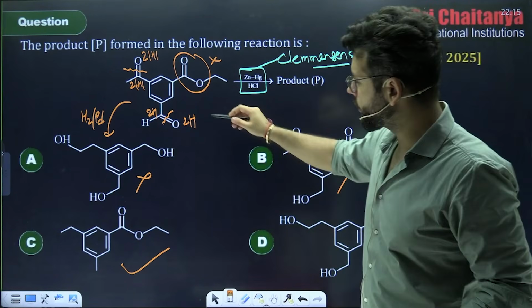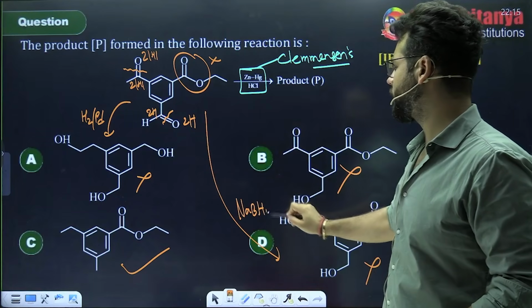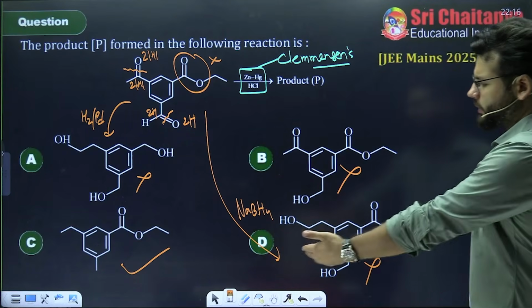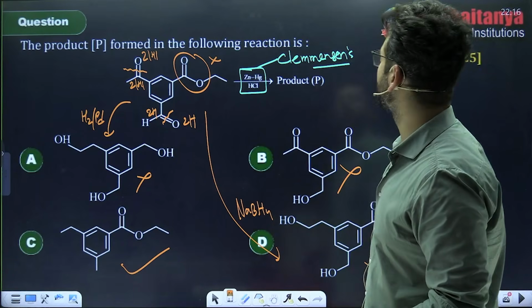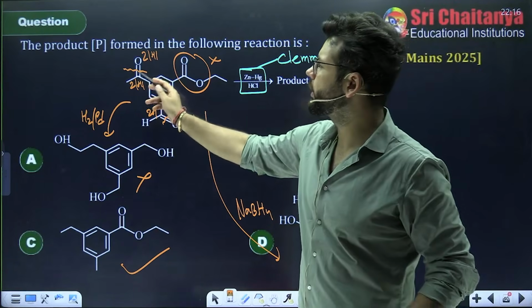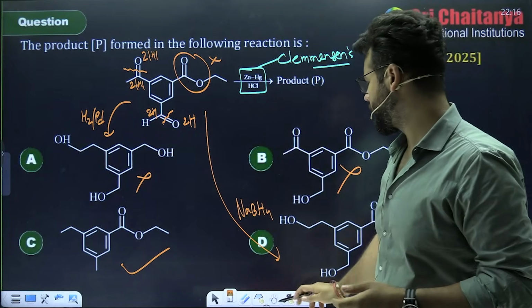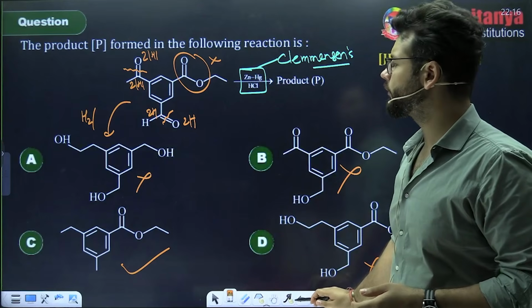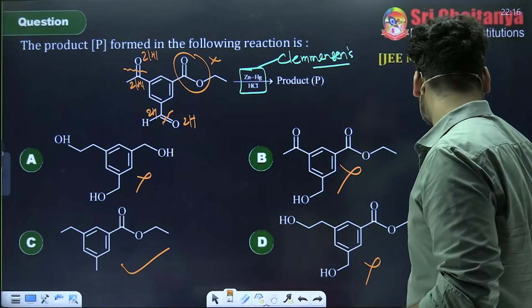If you wanted to go here, you could have done NaBH4, because we know NaBH4 does not attack acid derivatives. It will still reduce your aldehyde. But there is a ketone here, so the ketone will not give a primary alcohol. A secondary alcohol, if it was given, that would be correct. They gave a primary alcohol, so these are incorrect options, so C is correct.